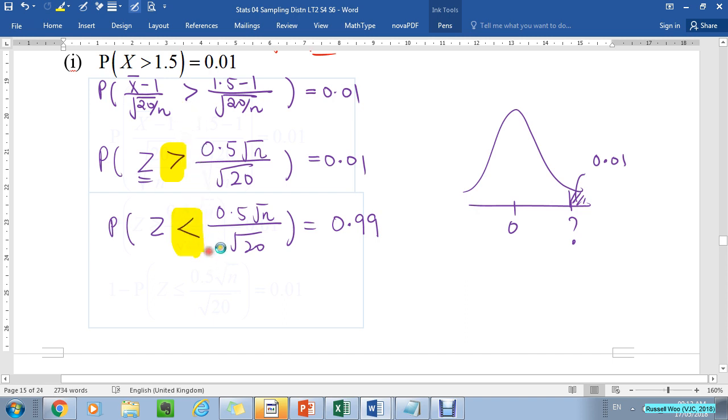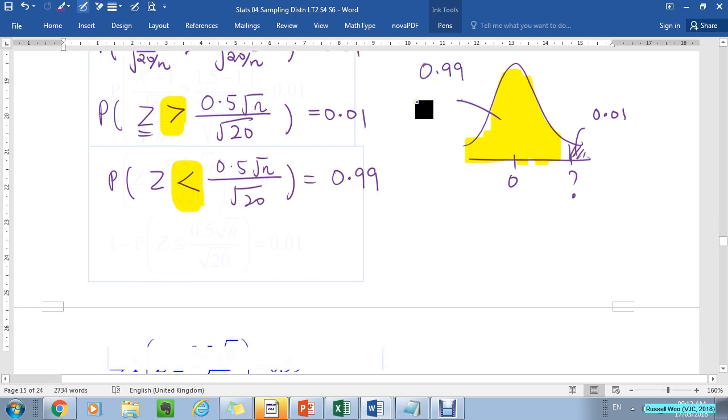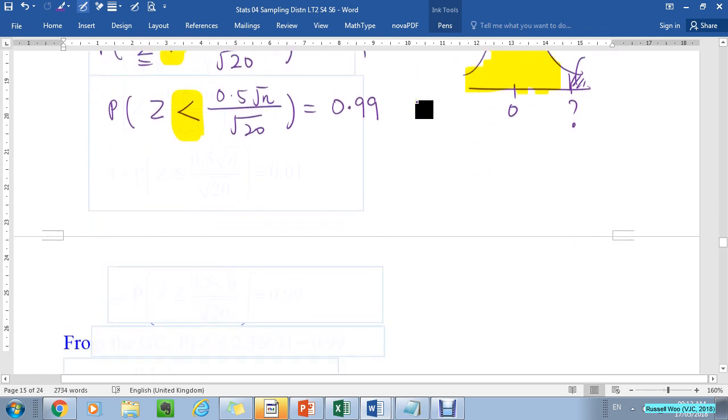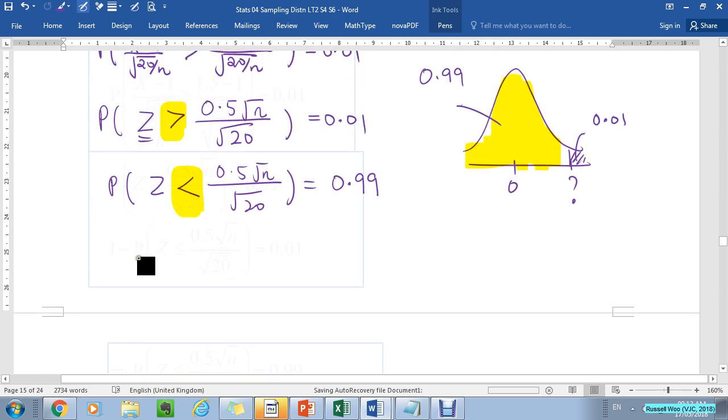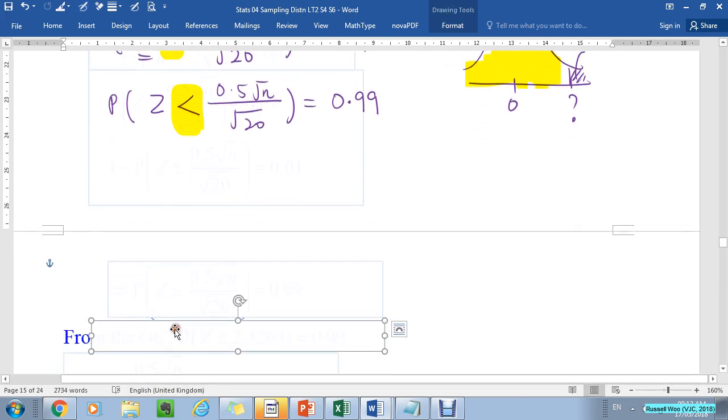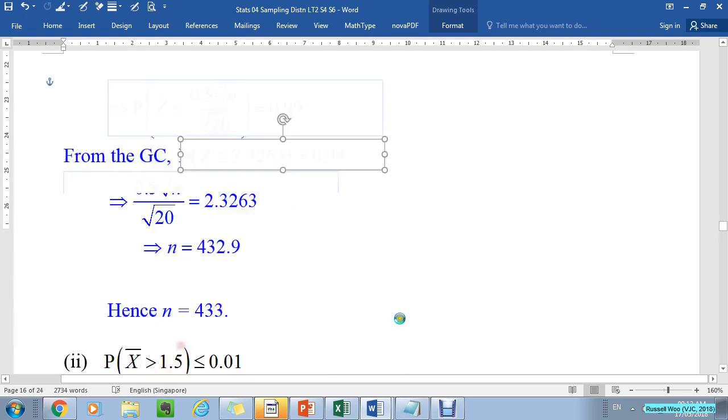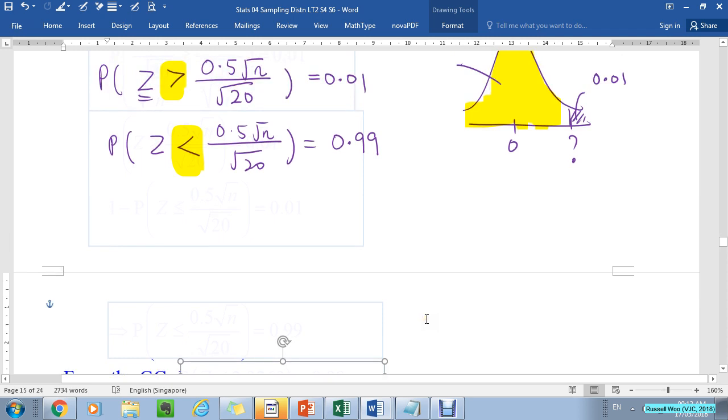Just take note, this is smaller than now, which means now you want this area to be 0.99. Correct? Yes? Now we can inverse norm from GC. And we can find what is actually that value there.